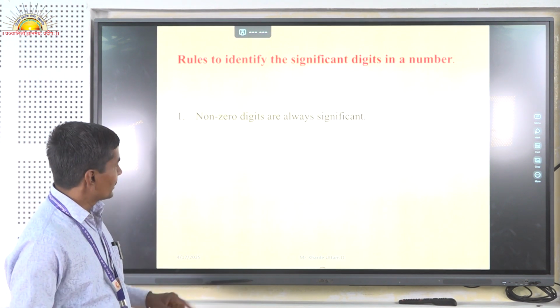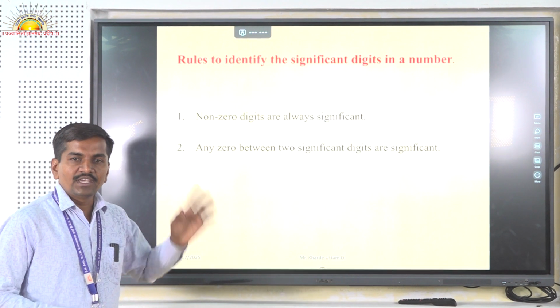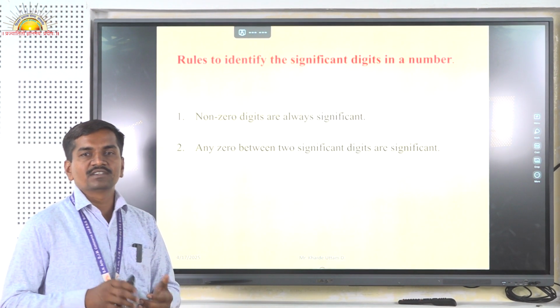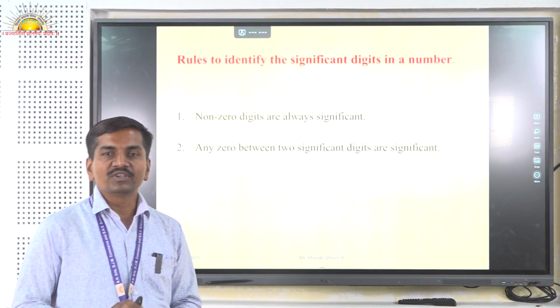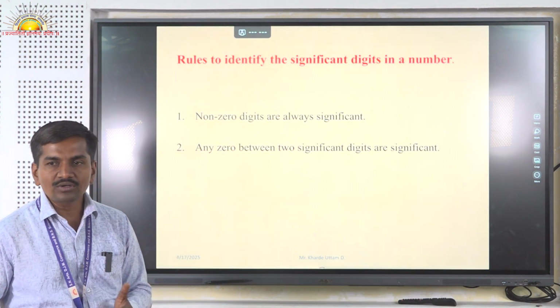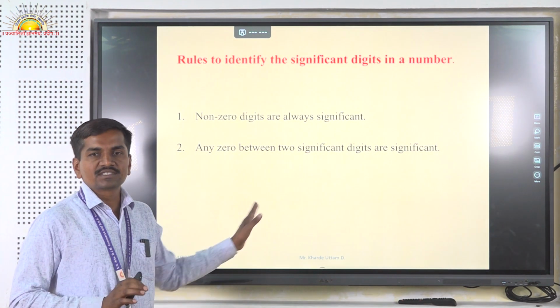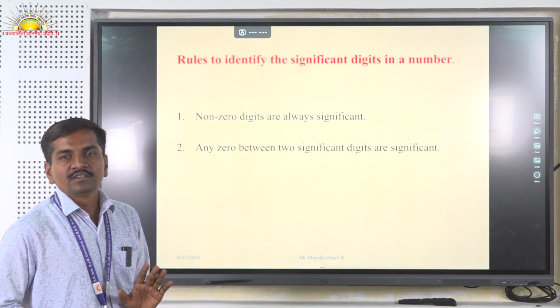Is that clear? Okay. The second rule: any 0 in between significant digits is considered a significant figure. That means any 0 which appears between two significant figures is considered a significant digit.